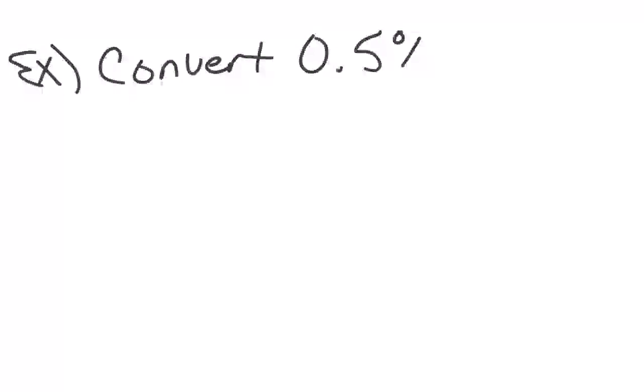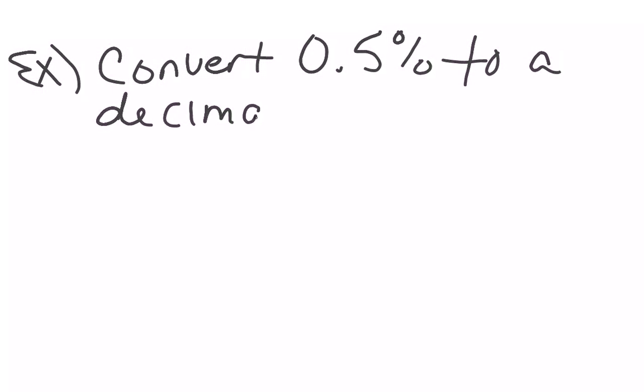All right, first example says to convert 0.5% to a decimal. Okay, the word percent means per 100.